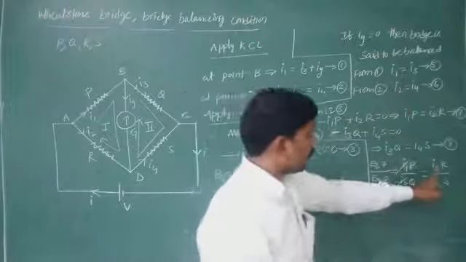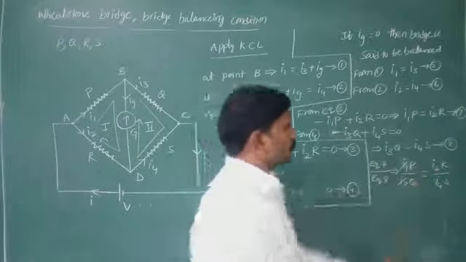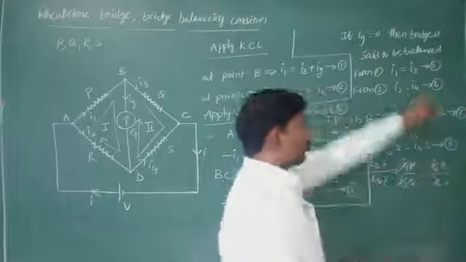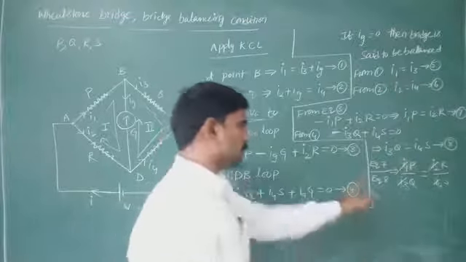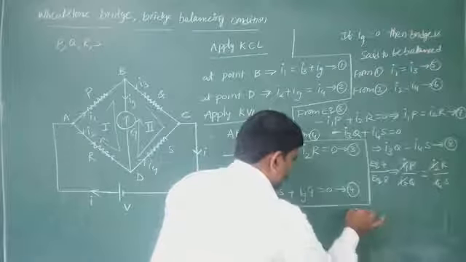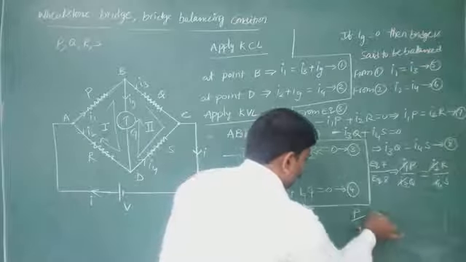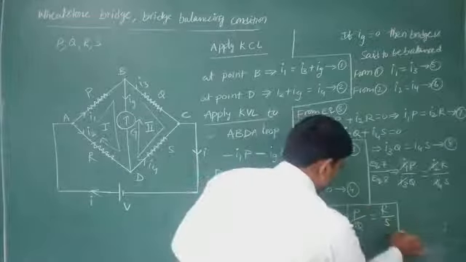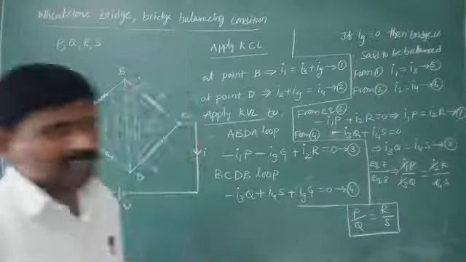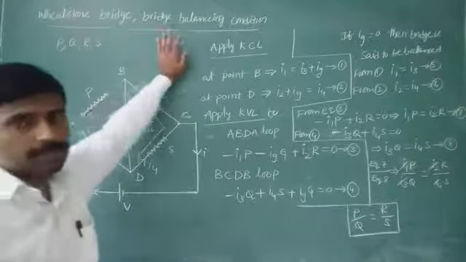At the same time, I2 is equal to I4, so these two are also cancelled. From that, P by Q is equal to R by S.